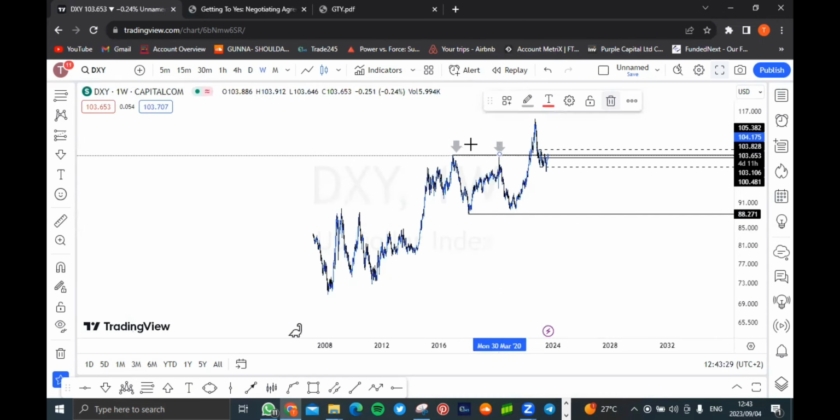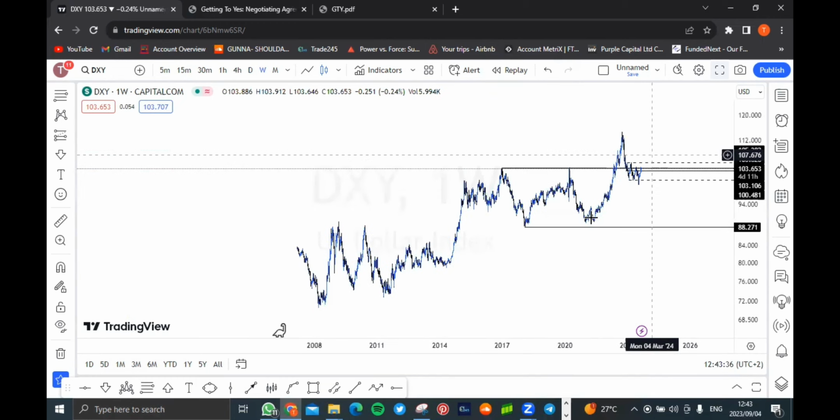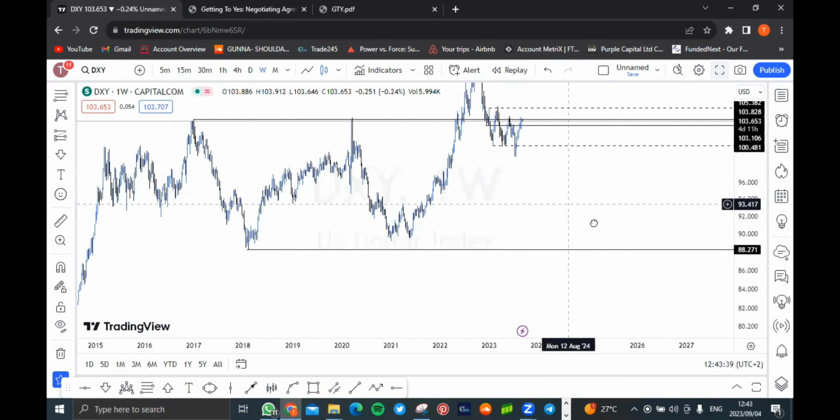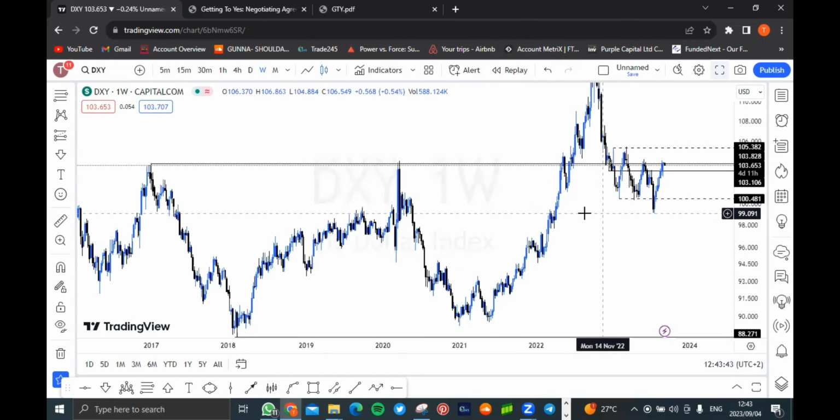So price eventually broke out and then came back inside. Right when it came back inside, it created a range right around the resistance of the weekly range.